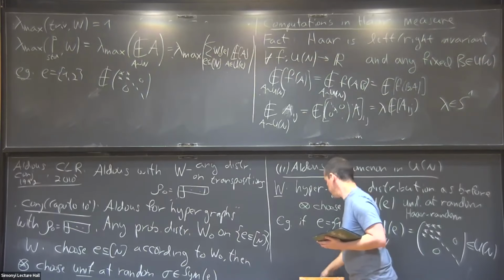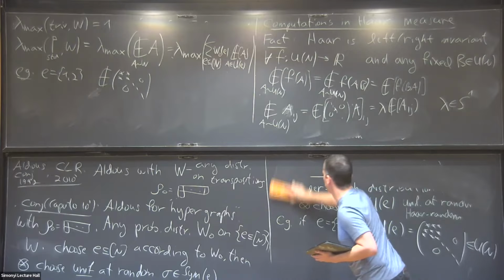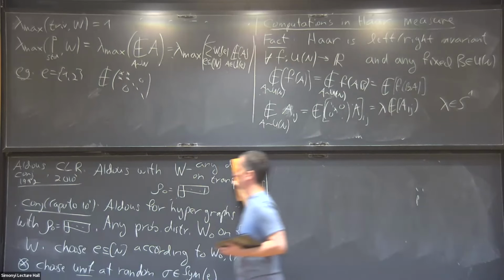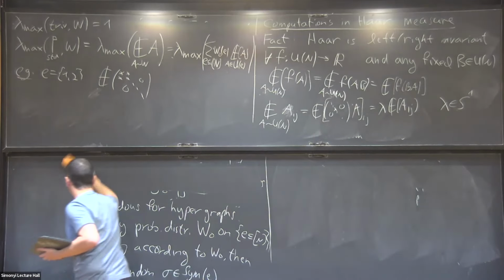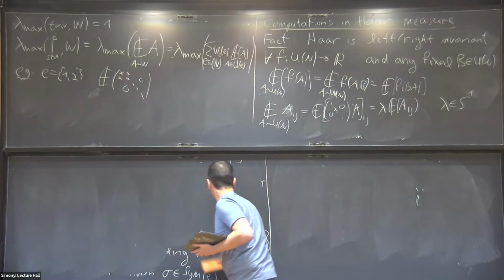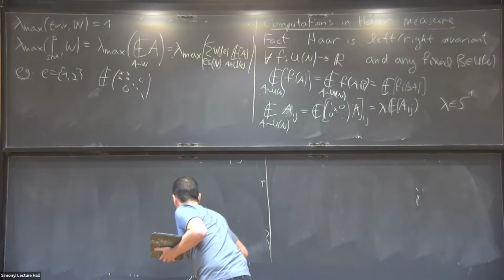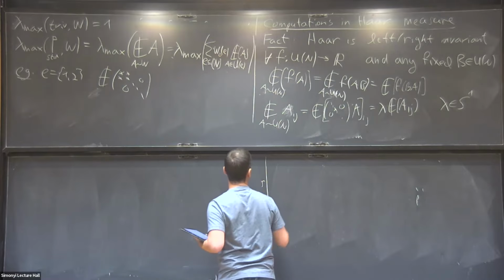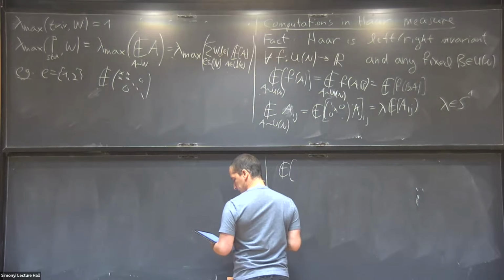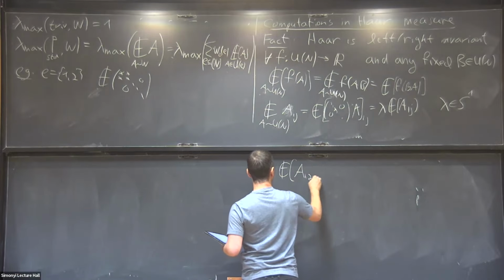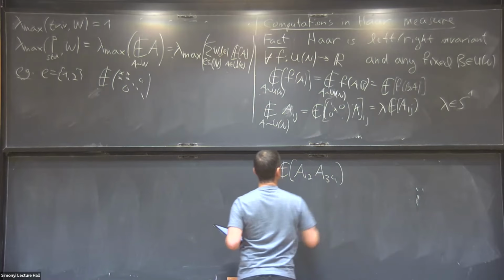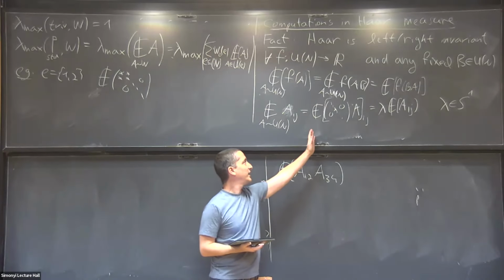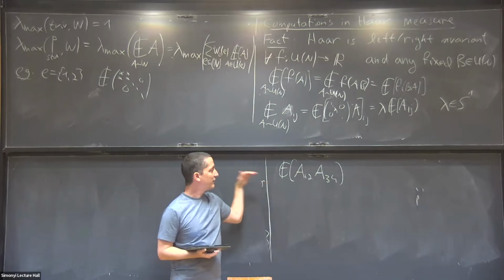So I can do the same now if I take two of them. So if I take, for example, let's say A12 times A34, again, I can multiply by a diagonal matrix where I only change the first row.